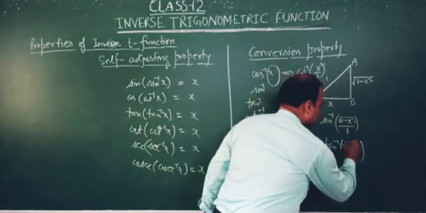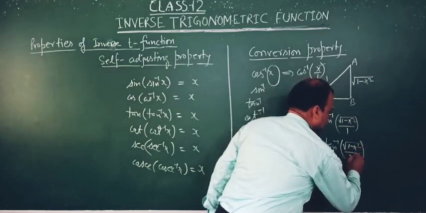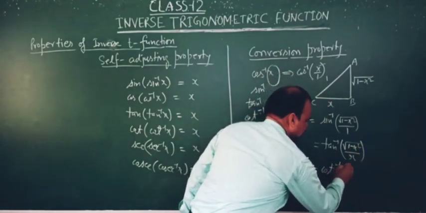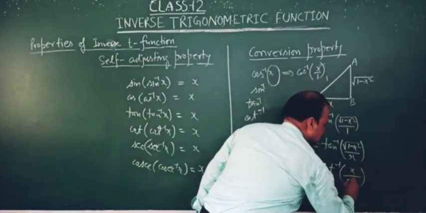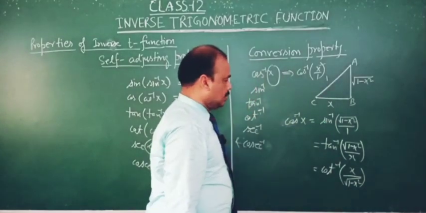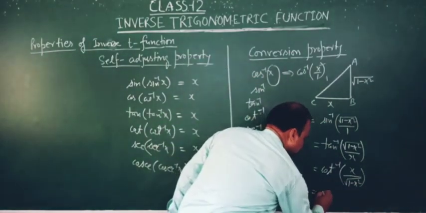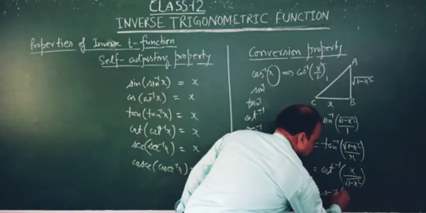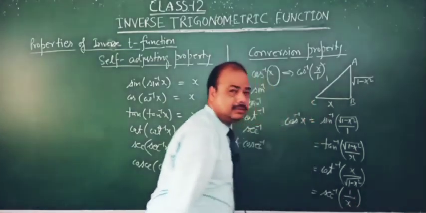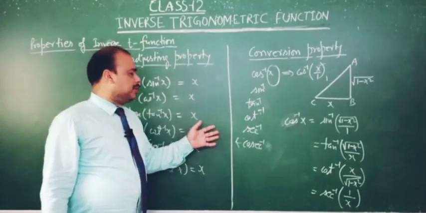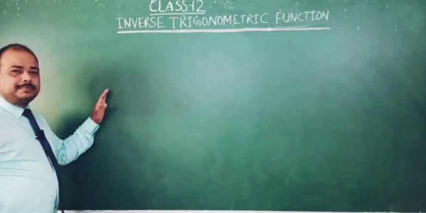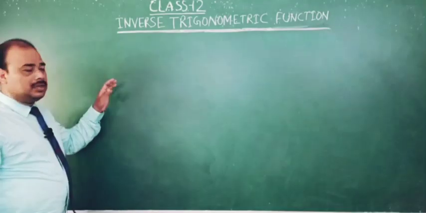It means root 1 minus x square upon x. It is also written as cot inverse x upon under root 1 minus x square, and also written as sec inverse 1 upon x. Remaining properties I will discuss later on. Let us see some examples related to these properties.